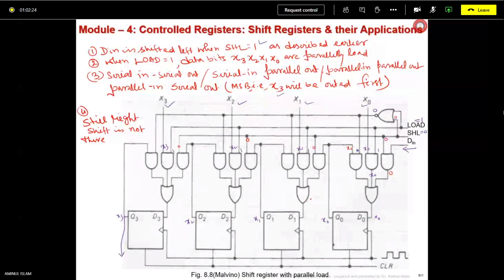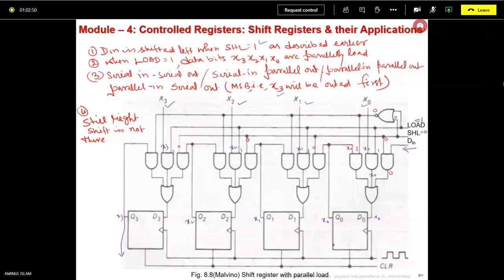And in a NOR gate, if one input is 0, what is the output? Inverse of the other. Complement. So you get 1 here. Are you getting 1 here or not? That you tell me.